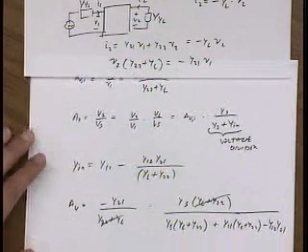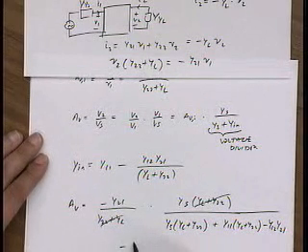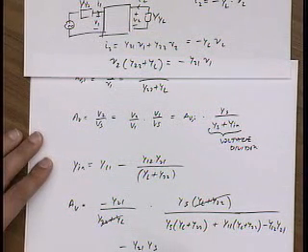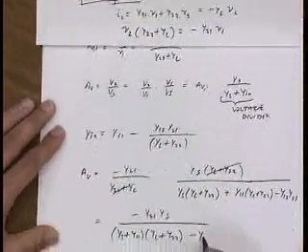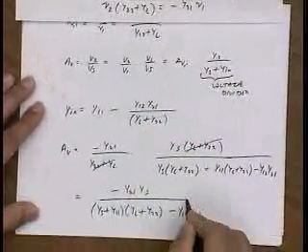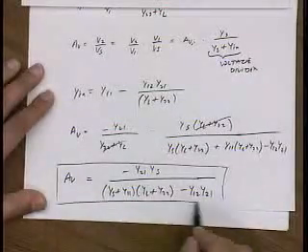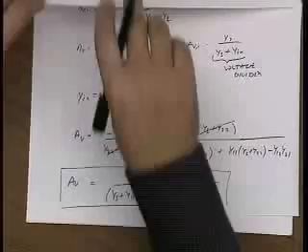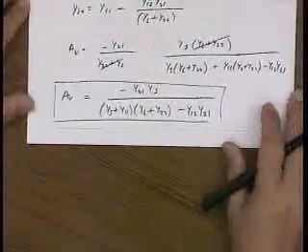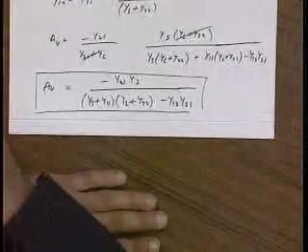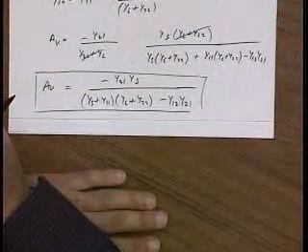This term cancels out, and so I end up getting this equation, which looks kind of ugly, but actually is not too bad. So this is now the total voltage gain for any two-port, right? Not just this particular two-port, but since now I have some numbers I can plug in here and calculate the voltage gain, right? So I'm done.